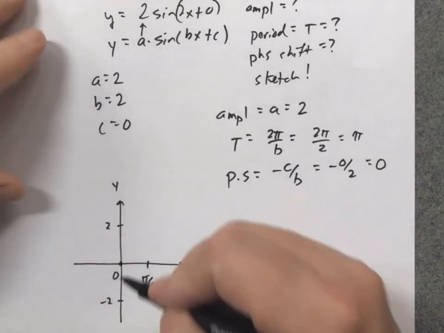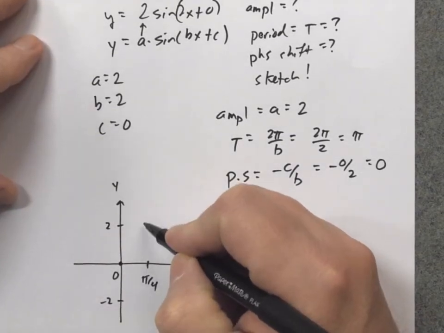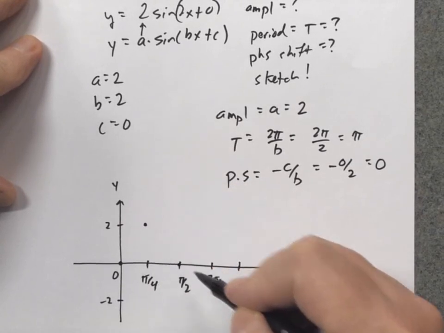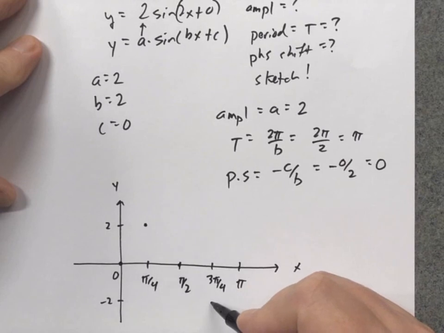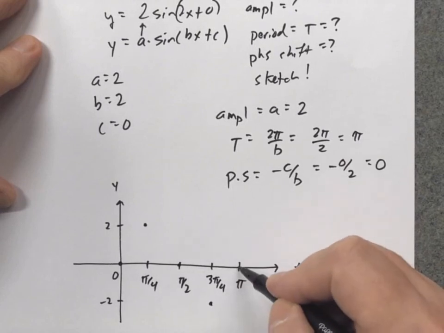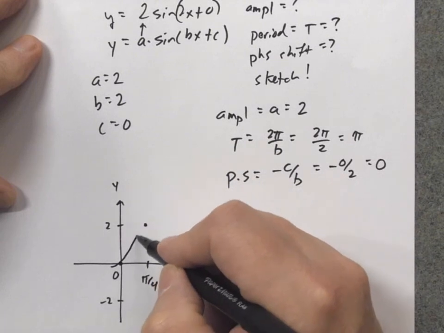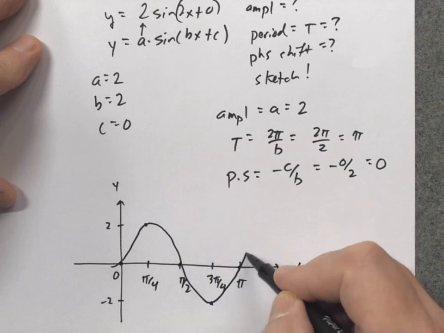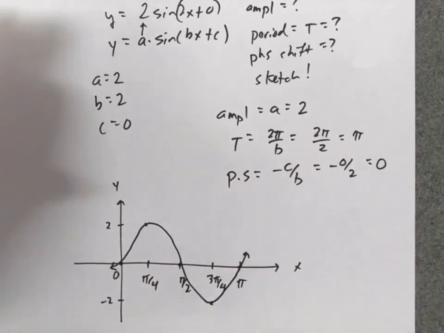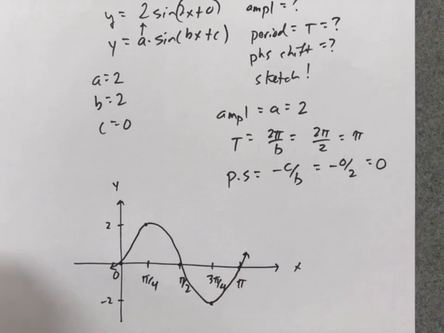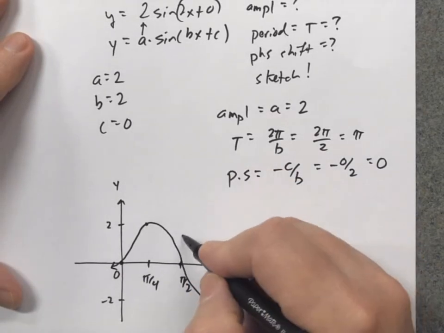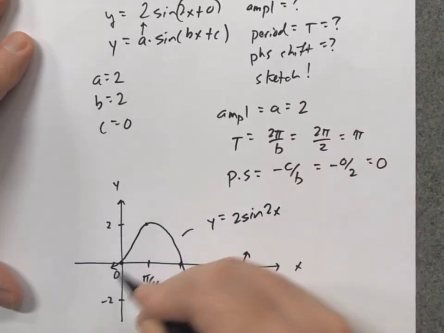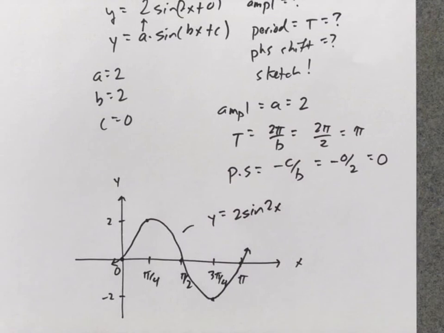It starts at 0, at the first key point the sine goes high, at the next key point it goes back to 0, then at this next point it goes low, negative, and then back to 0. And then you draw a nice smooth curve. That is a sine wave, and that's a graph of y equals 2 sine 2x.